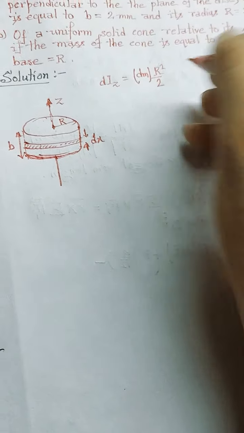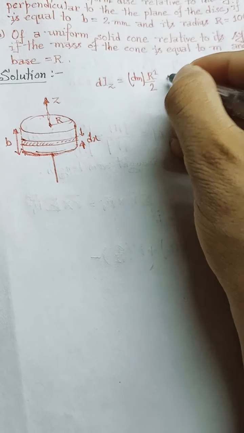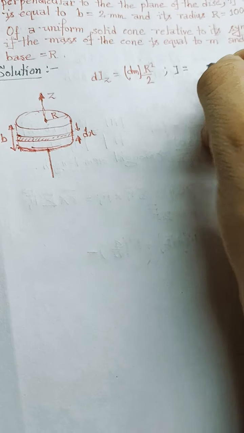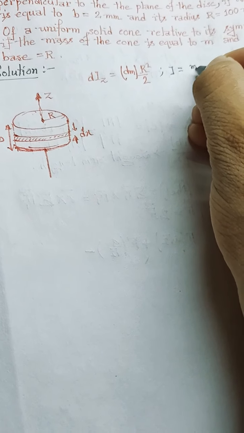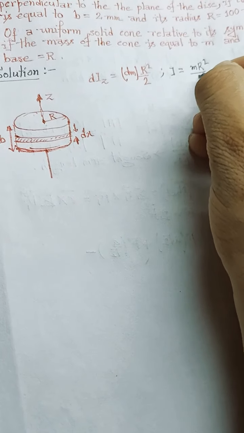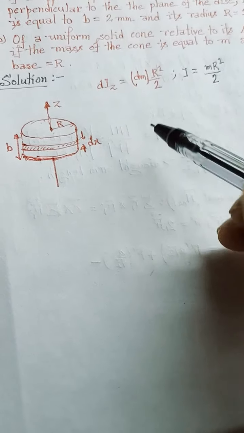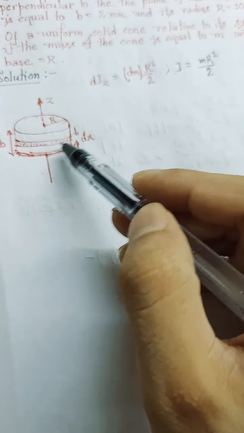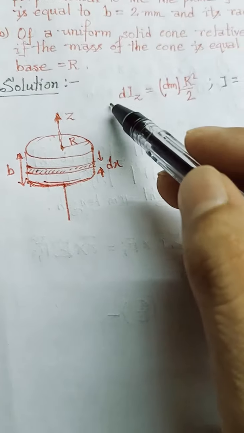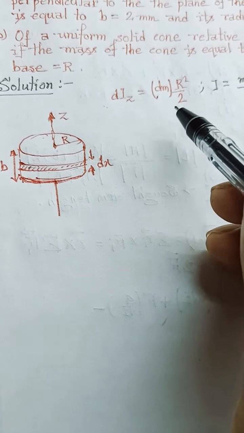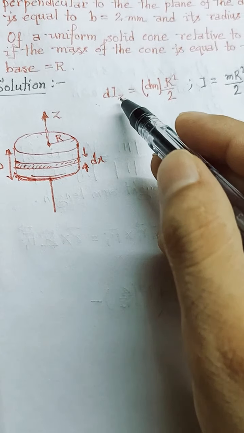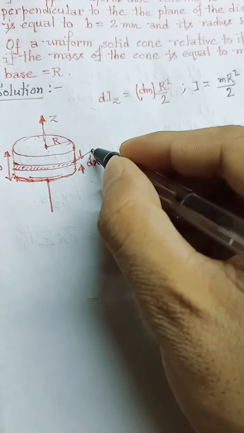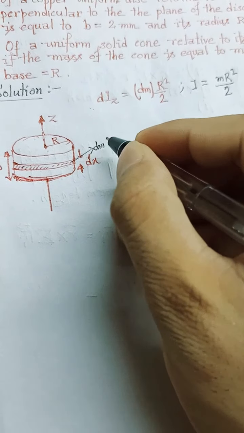As we know, the moment of inertia for a disc is I equal to m r square divided by 2. So the moment of inertia for this small disc segment will be dIz equal to dm r square by 2, where dm is the mass of this small segment.